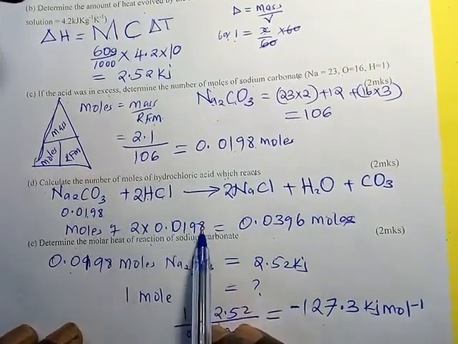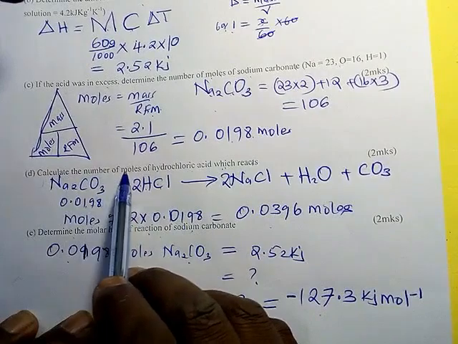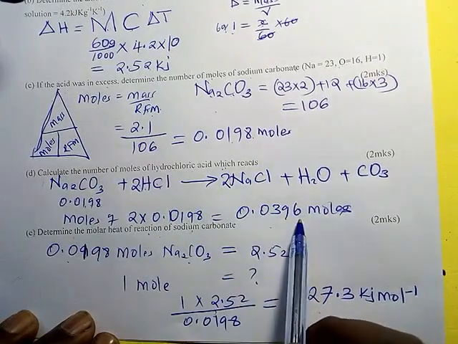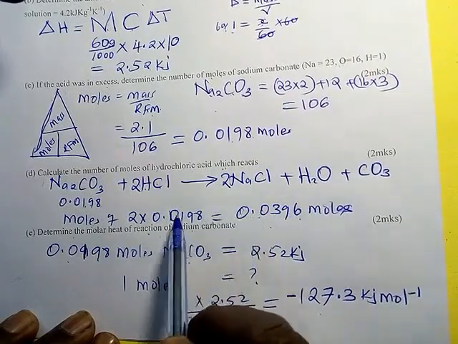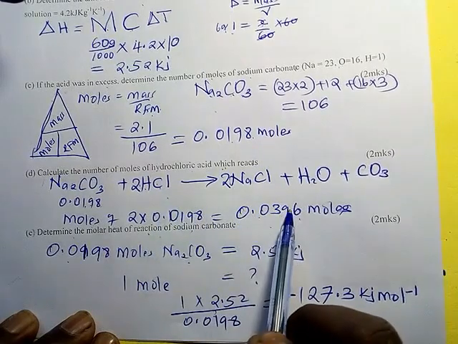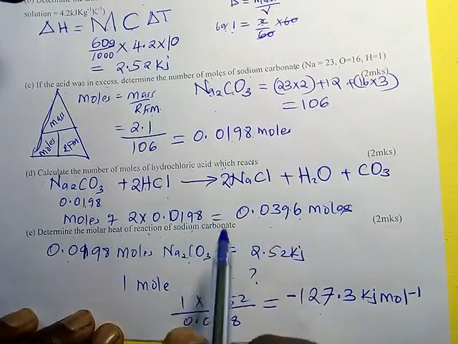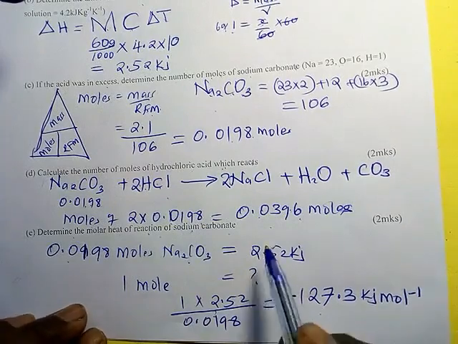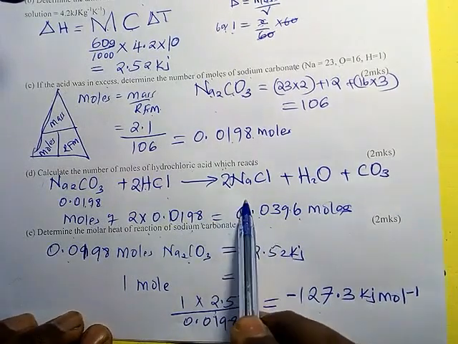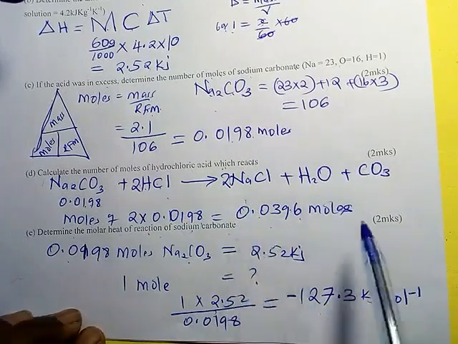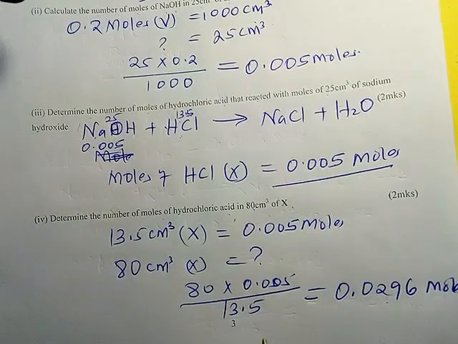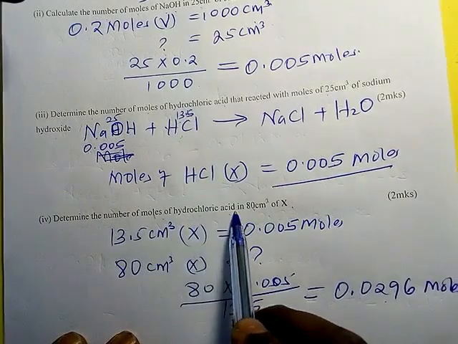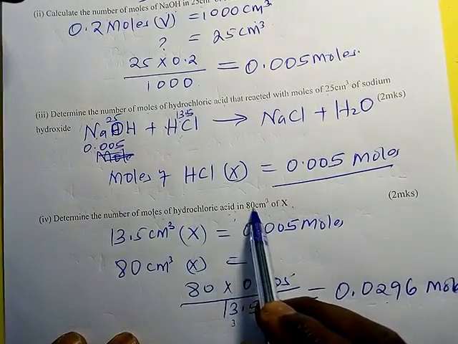We found out that the moles of hydrochloric acid which reacted with the carbonate were this. Yes, because this is the moles that was in 60 that reacted with the carbonate, and the excess HCl that remained reacted with sodium hydroxide, and we have also calculated the moles of HCl that reacted with sodium hydroxide in the next equation. Here we have the number of moles of hydrochloric acid after adding 20 centimeters cube of distilled water.